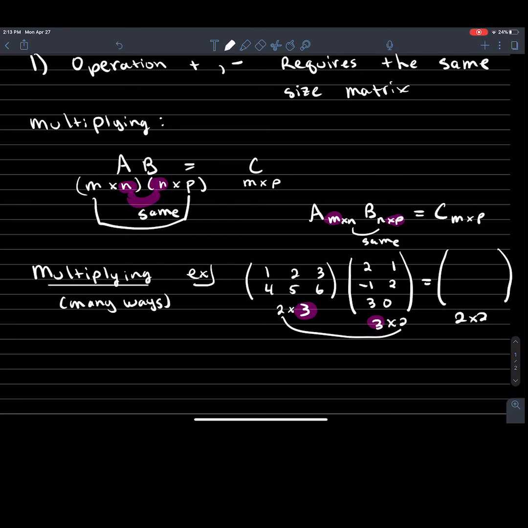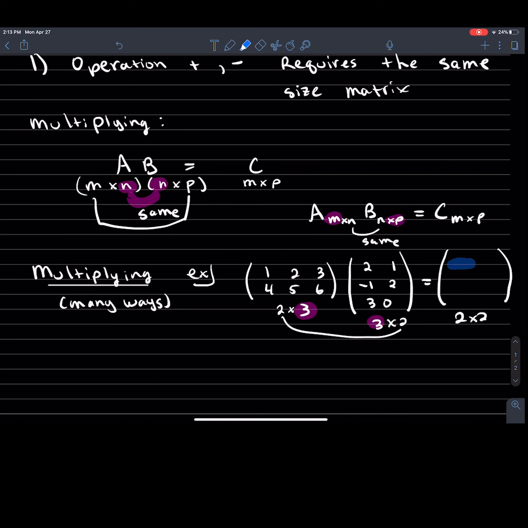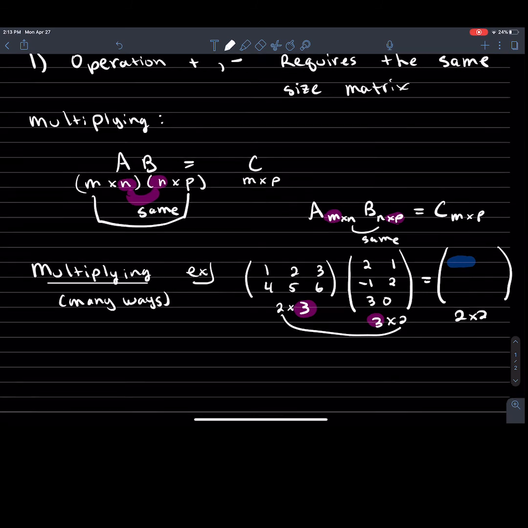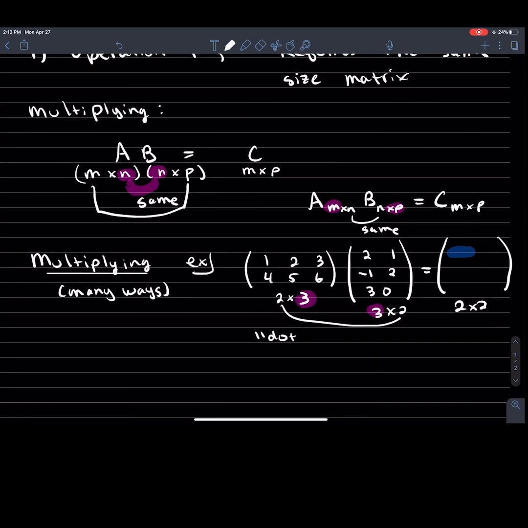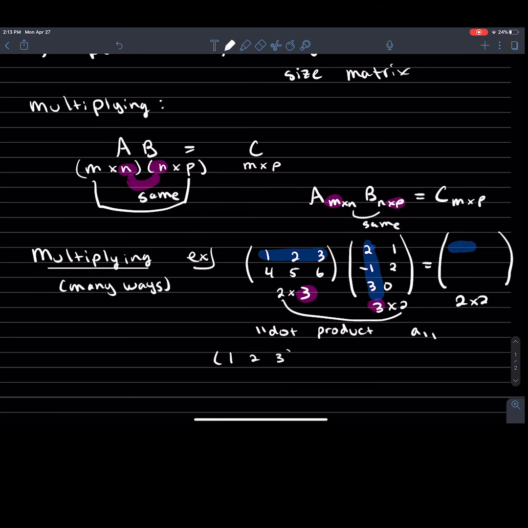So how do we do this? This is called the inner product. For this first position here, we're going to multiply. It's the dot product. You guys remember the dot product? And so this is A1,1. It's going to be the dot product of those positions. This one, column 1. So it's basically 1, 2, 3 times 2, minus 1, 3.